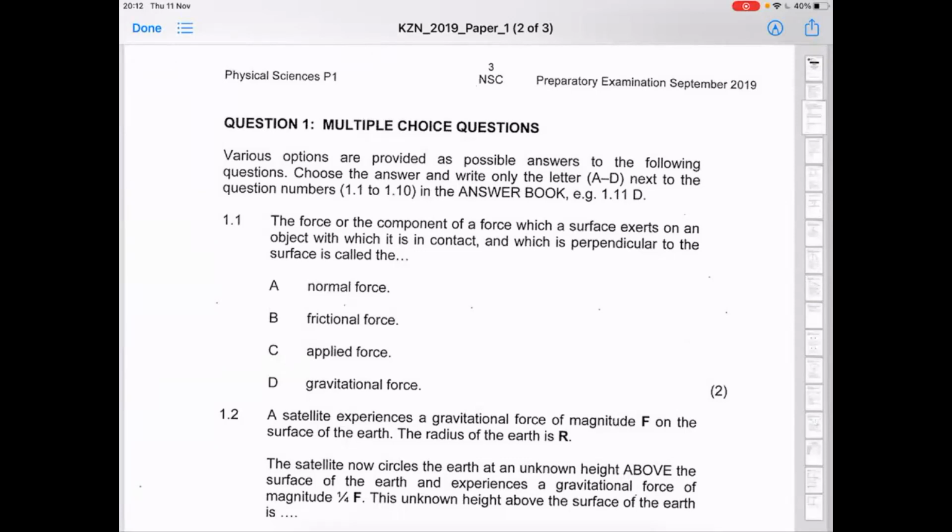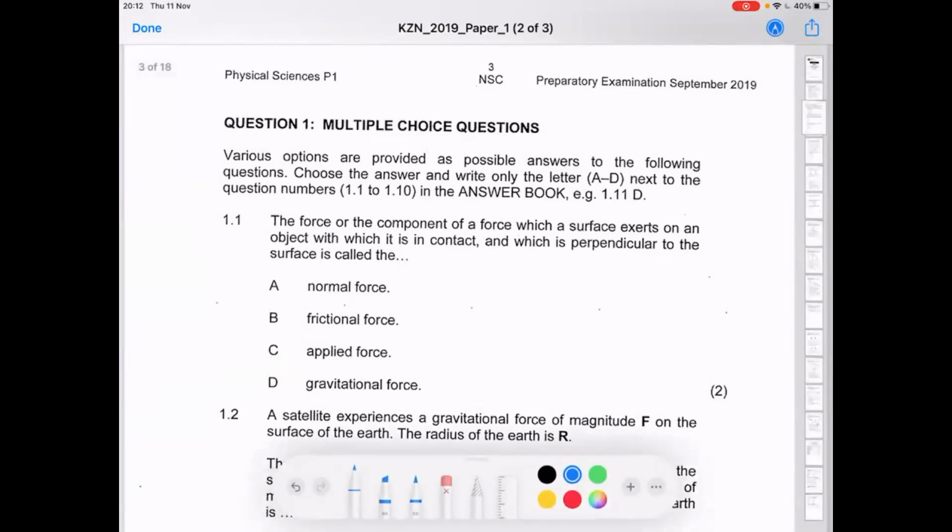You cover all the answers, read the question, and find your answer. What force is perpendicular to the surface? We know that it is the normal force. Then you uncover all the answers and look for normal force, and if it is there, you know that's the right one.